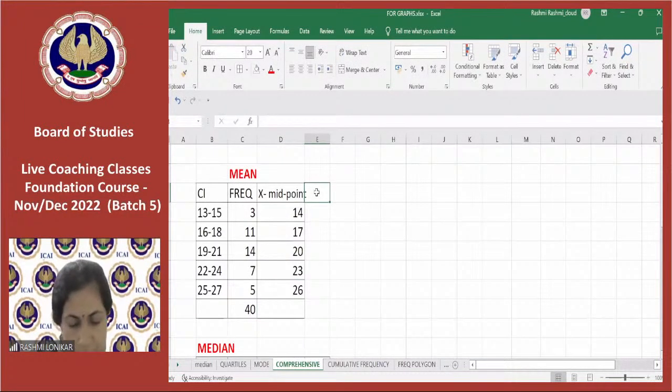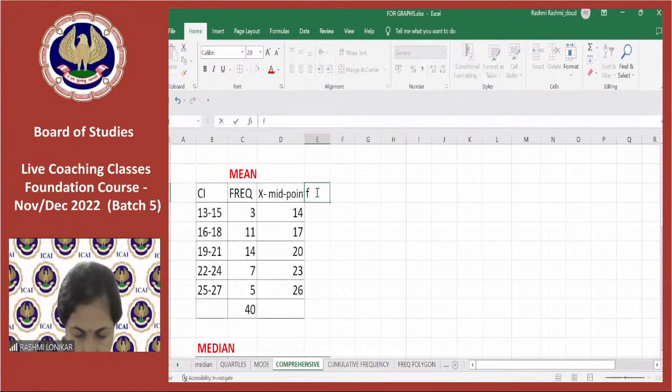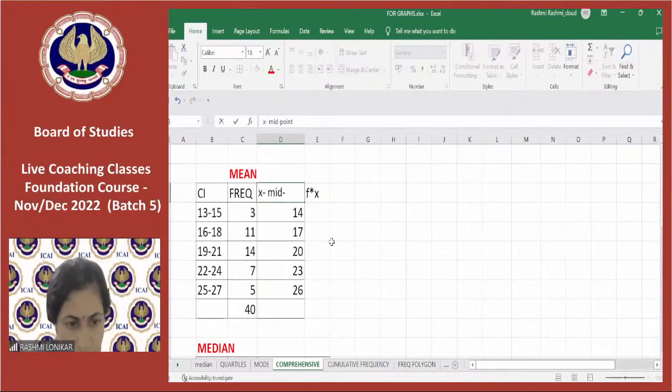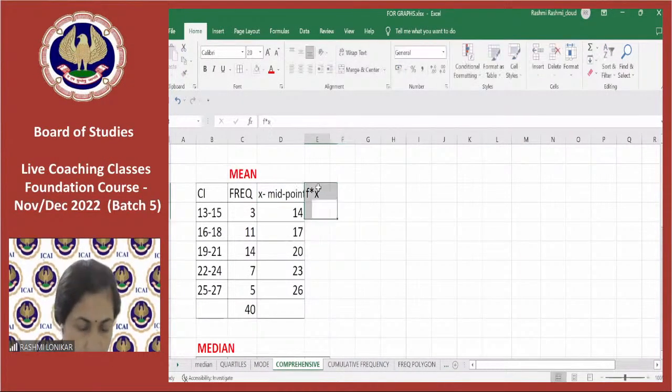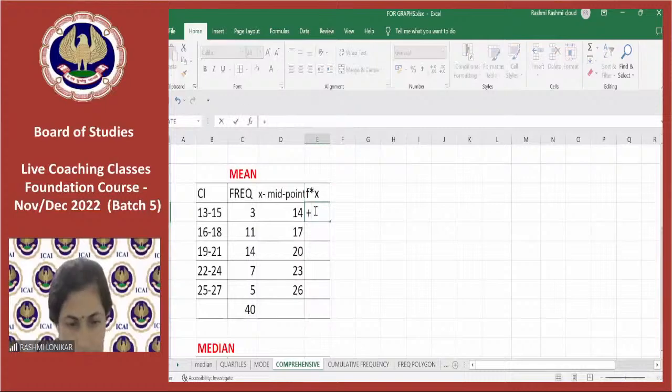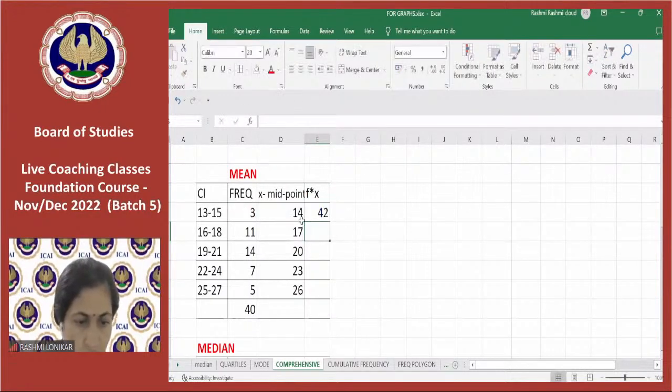Then I will multiply the frequency with my x. This is small x. Okay. So frequency with my x. Now 14 into 3 is 42. Okay. And similarly I do for all.